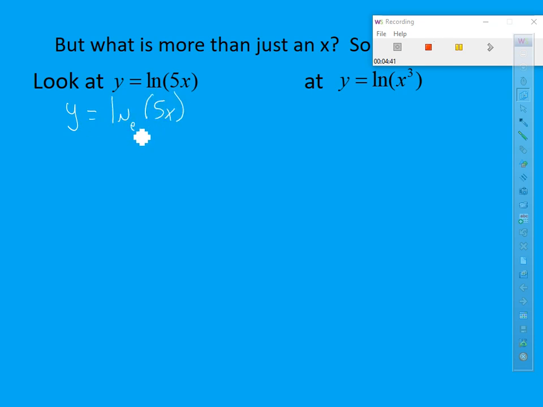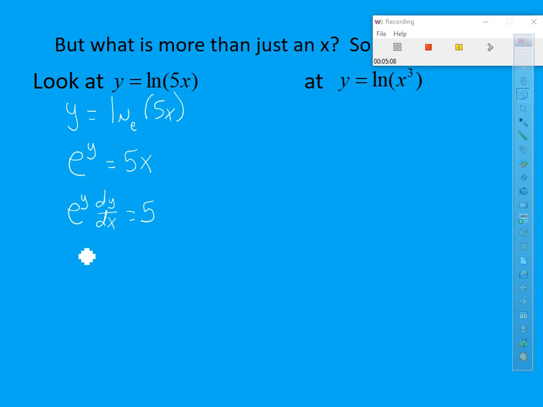Remember, there's that e hiding right there, so let's write it as an exponential next. So I've got e to the y equal 5x. Now let's go find the derivative of each side. Well, the derivative of e to the y is going to be e to the y times the derivative of the exponent, and the derivative of 5x is going to be 5.